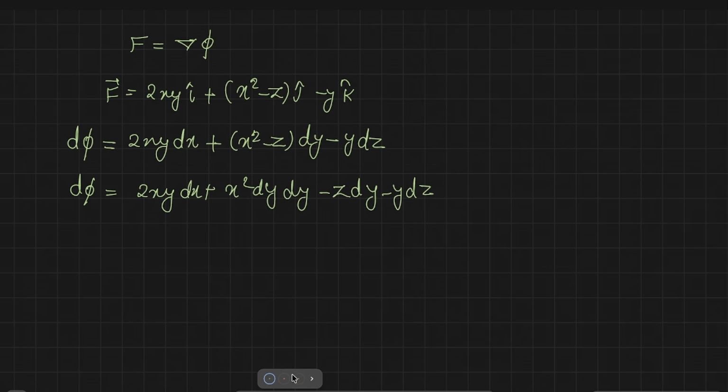Now think how we can think in the reverse process, whether it will be the differentiation of that function. So it is d phi. Just see, this is xy with x, this is xy with y, and this is 2xy, this is x square. So can it be x square y?